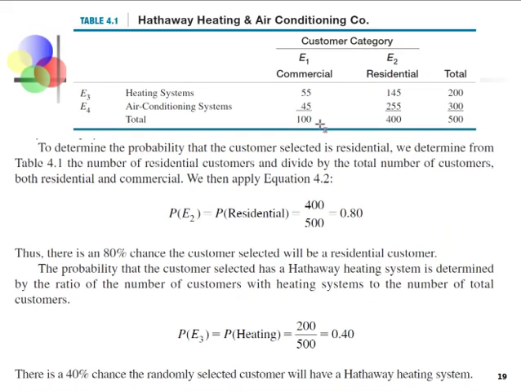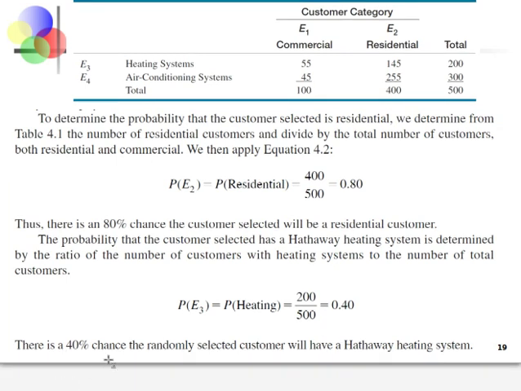Here, from the table, there are 200 customers that have heating systems, over the total number of customers, which is 500. So 200 divided by 500, we have a 40% chance that the randomly selected customer will have a Hathaway heating system.